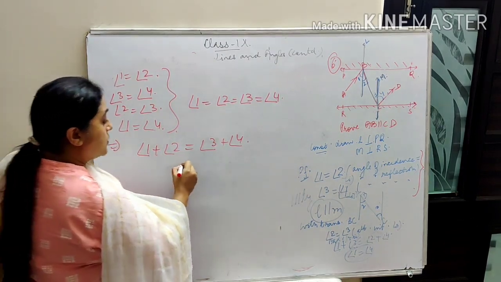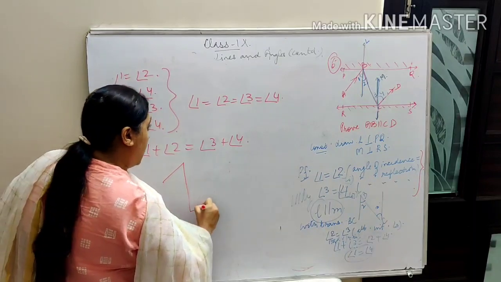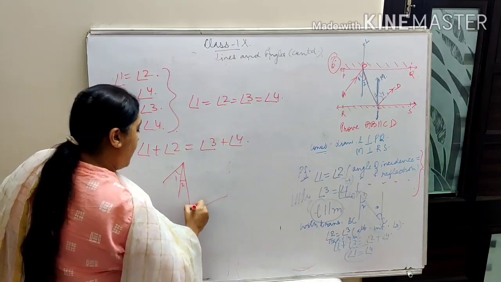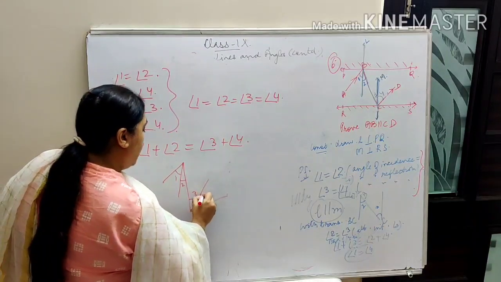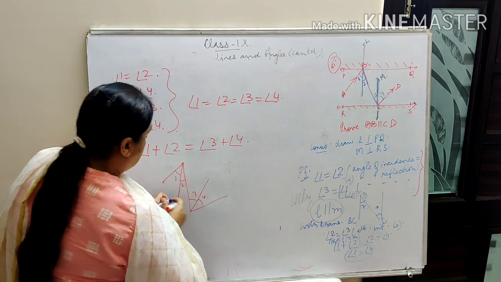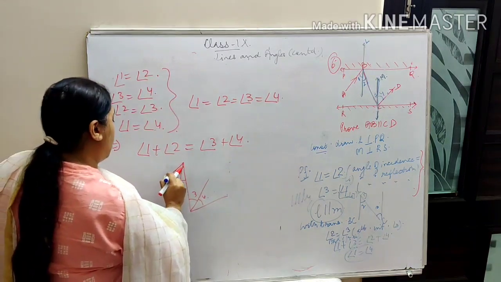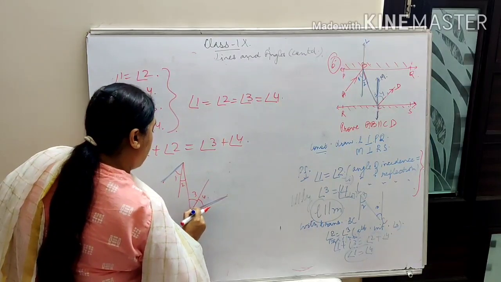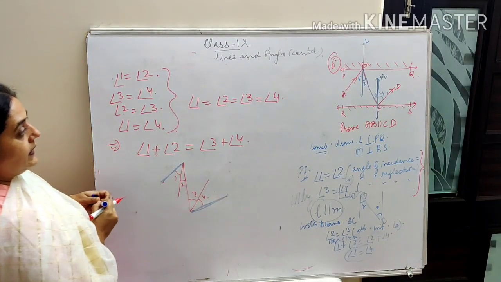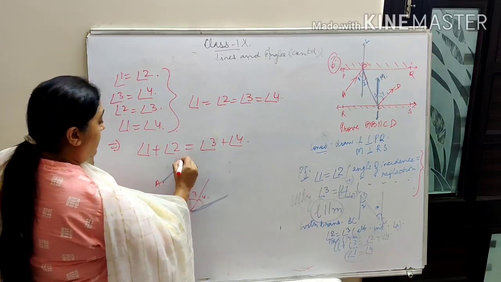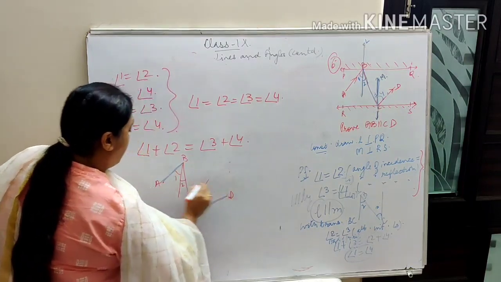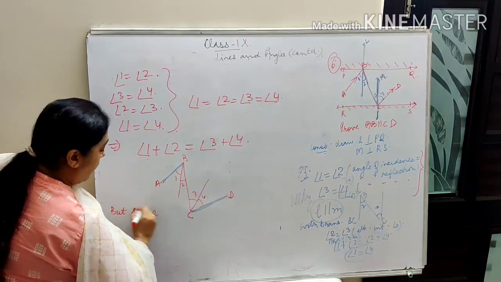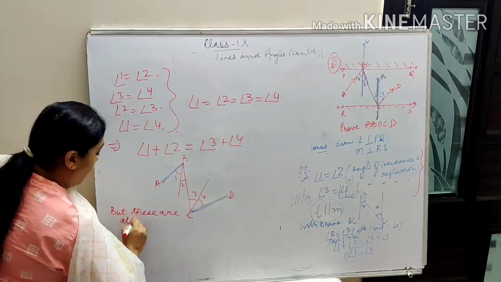And what is 1 plus 2? Please check out. Now draw this line and see. This is 1, this is 2, and from here this is 3, this is 4. So if 1 plus 2 is equal to 3 plus 4, these two lines automatically become parallel. But then you have to write that these are alternate interior angles.